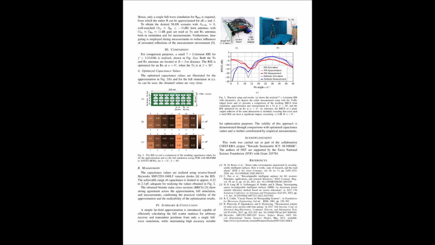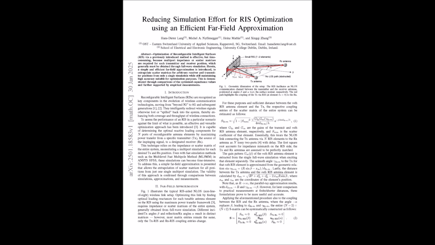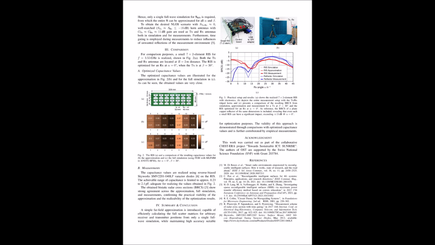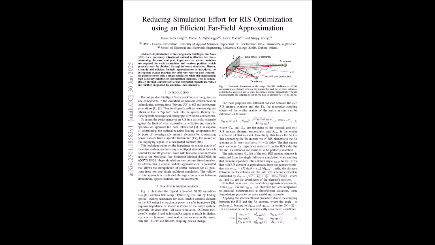Time gating, what's that? It essentially allows them to isolate the signal that's reflected by the RIS. They can filter out any other signals that might have taken a different path, like a direct path between the transmitter and receiver. So they're making sure they're only measuring the true impact of the RIS. Exactly. It's all about clean, accurate measurements. And those zeros in the matrix for S_TX-RX tell us that their approach worked. They effectively minimized any direct coupling.